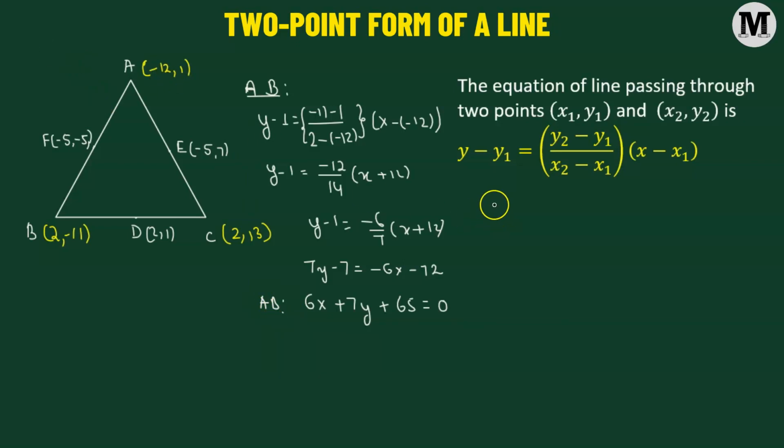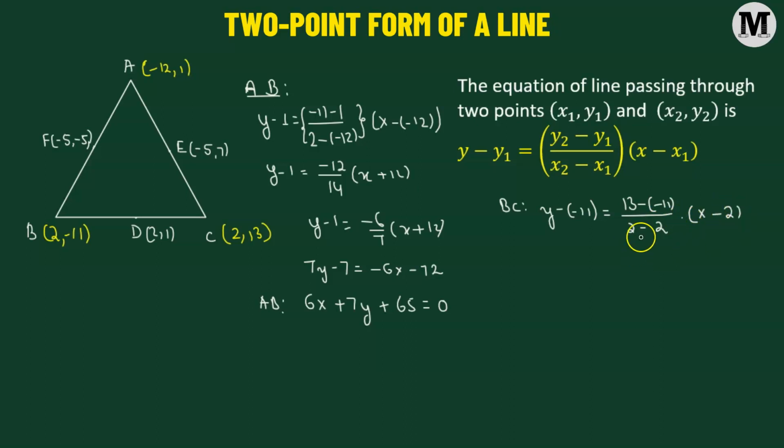Let's now find out the equation of side BC. So here we have y minus y1. We'll consider B to be x1 comma y1. So we have y minus negative 11 equals, well, now we need the difference of the y coordinates. So that's 13 minus negative 11 divided by 2 minus 2. Multiplied by x minus x1.